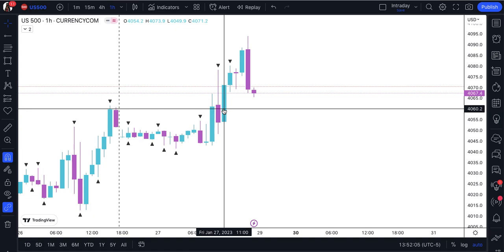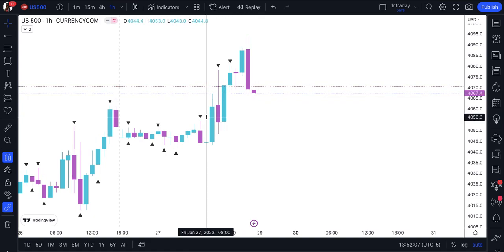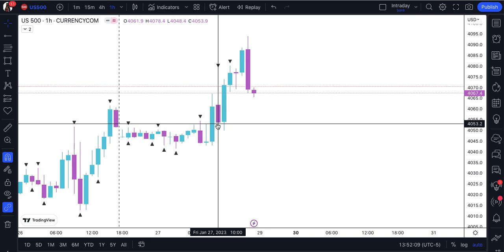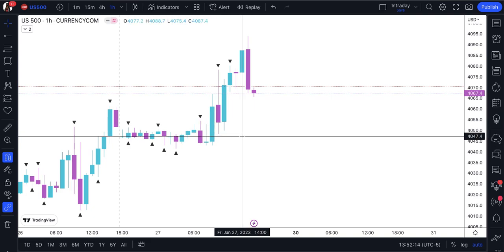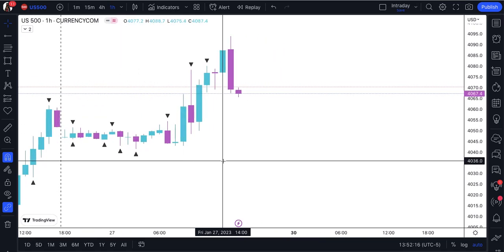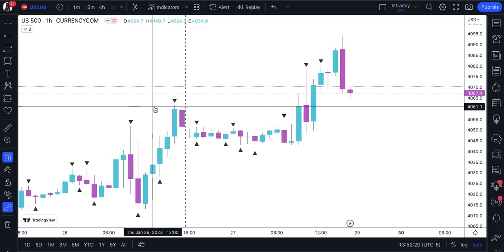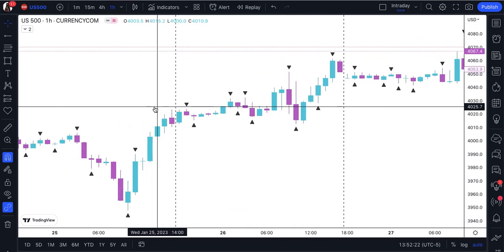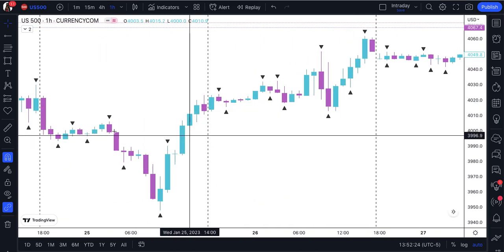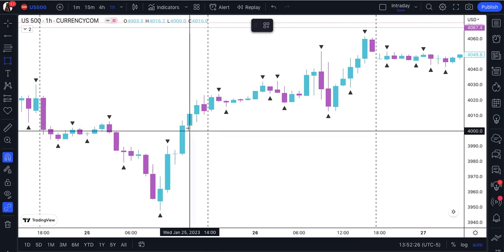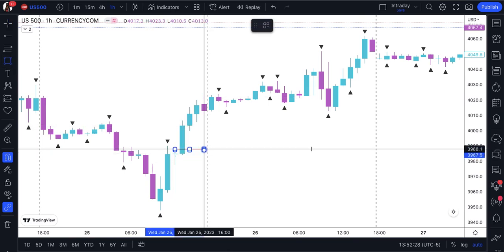Our next level of support and resistance are fair value gaps, or we can just call them gaps. We don't even have to say fair value gaps. We can just call them gaps. So a gap would be, if I look, this would be a gap. See how there's a space in between.